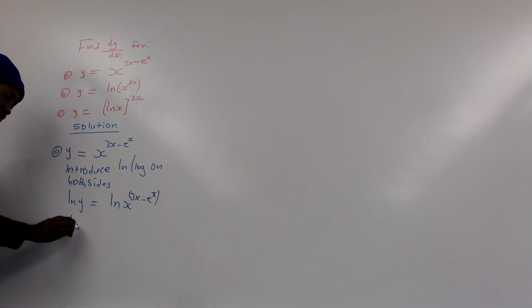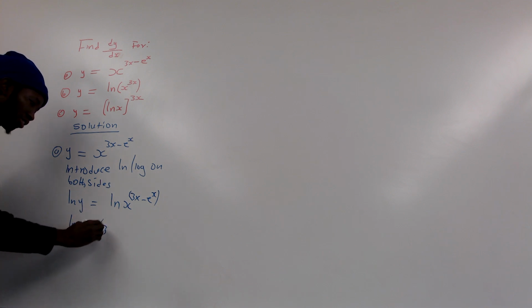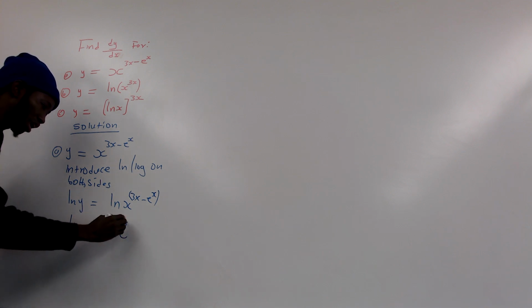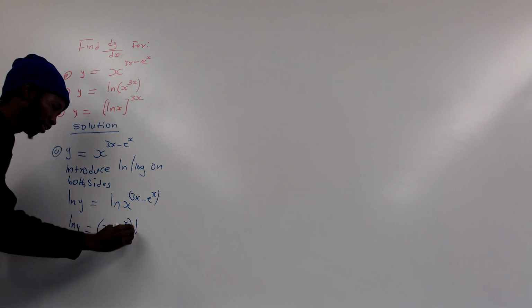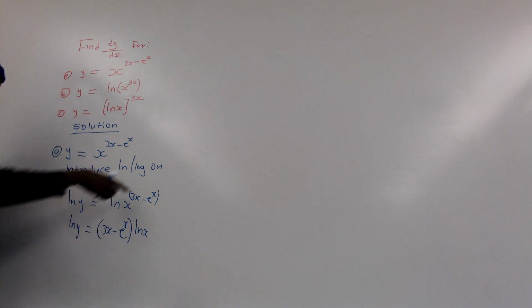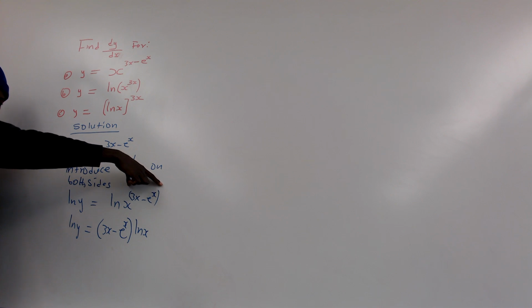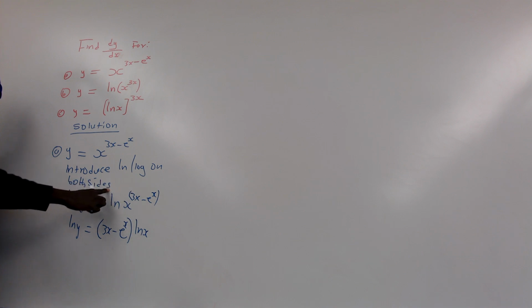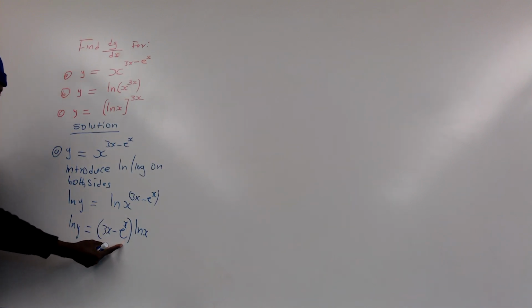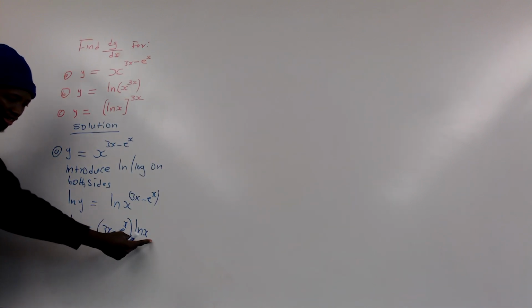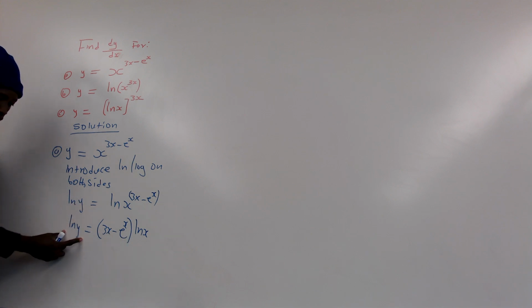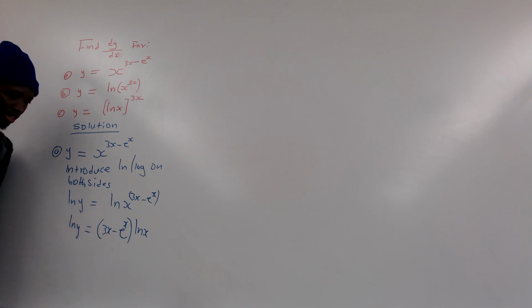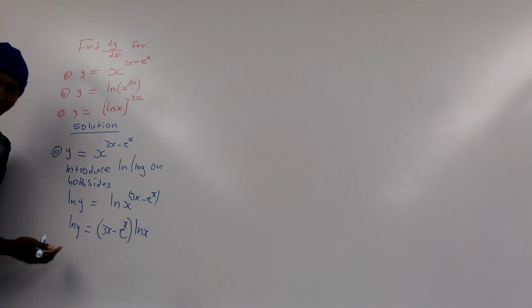So we have ln y equals (3x minus e raised to the power x) times ln x. This is the first step.